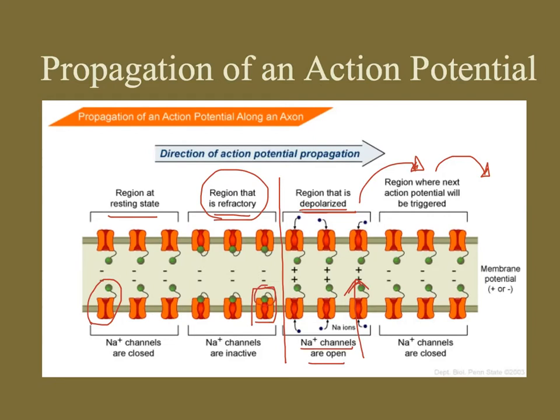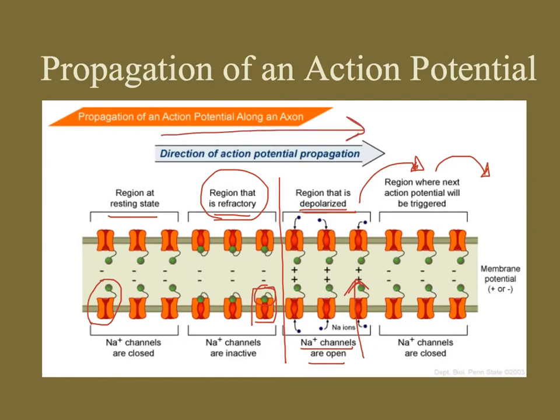They've been rendered inactive. And so after the action potential has passed through, that part of the membrane for a brief millisecond cannot be repolarized. It cannot move another impulse down. It is a time period where it's resting, and that in part is the reason why action potentials only move in one direction.